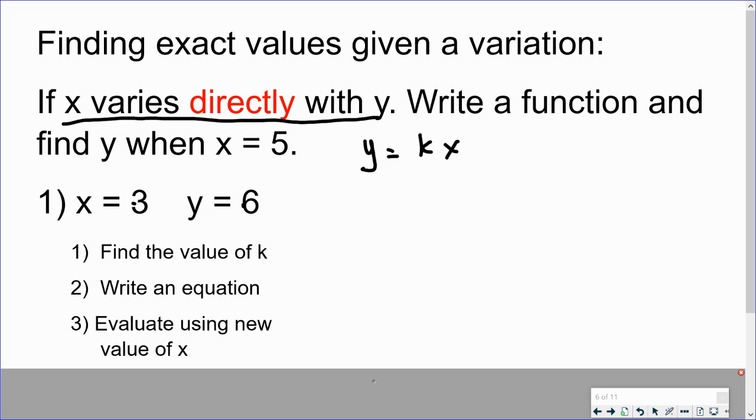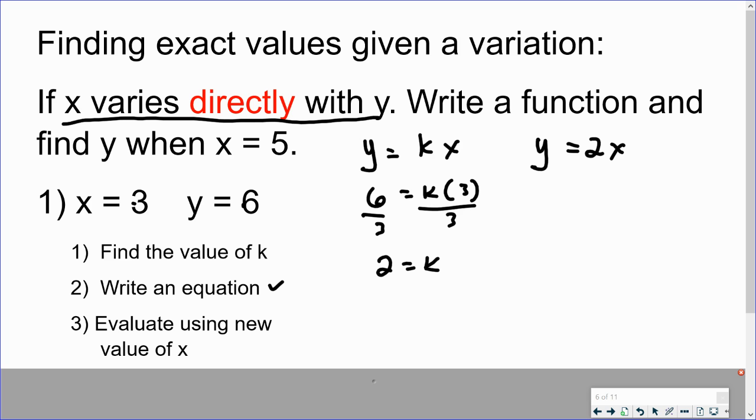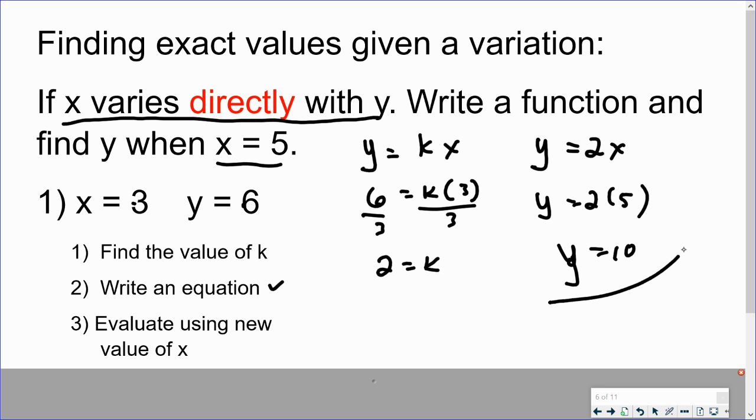Now I'm going to substitute these numbers in here. 6 is equal to k times 3. I divide both sides by 3. 2 is k. So I found the value of k. Now to rewrite the equation, y is equal to 2x, which is this. And I'm going to substitute that 5 in here for the x. So y is equal to 10.